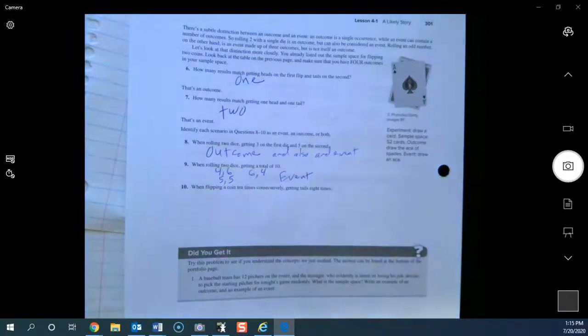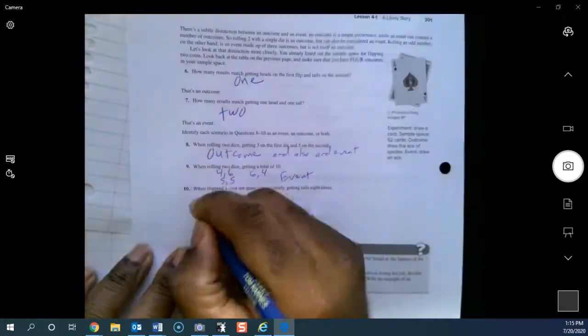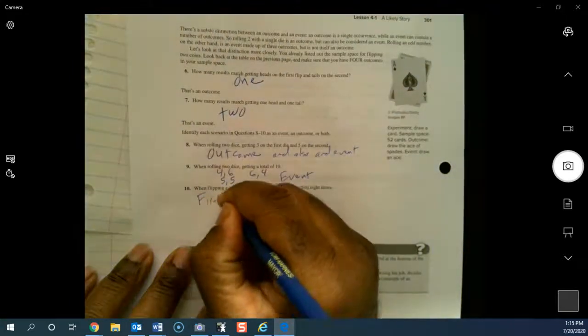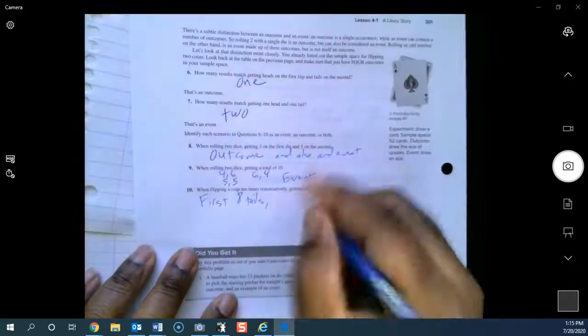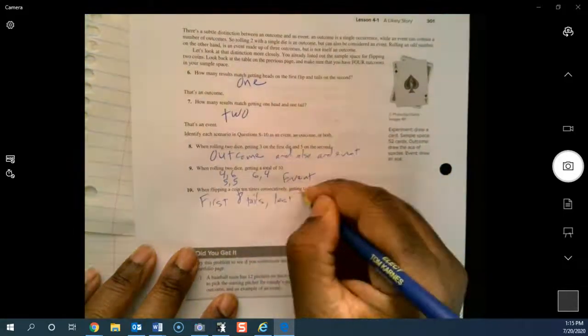Now, number 10, when flipping a coin 10 times consecutively, getting tails 8 times. Now, the first 8 could be tails. The last 8 could be tails.